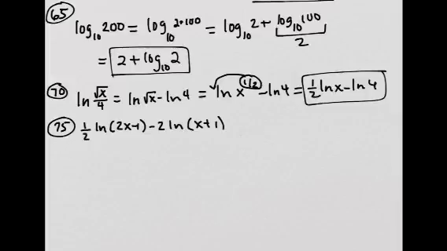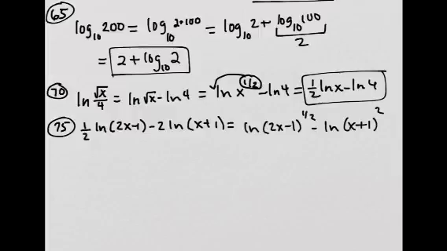Okay, so for 75 we're doing the opposite, where we are condensing the log. The first thing we're going to do is take the coefficients and put them back as exponents. So the 1/2 is going to go here. This is natural log of (2x minus 1) to the 1/2 minus natural log of (x plus 1) squared.